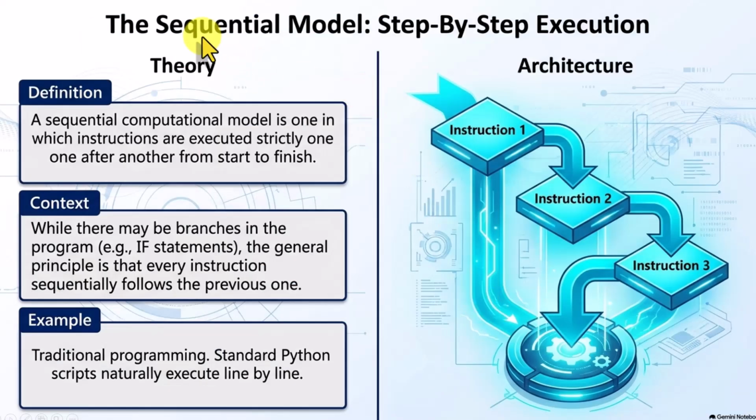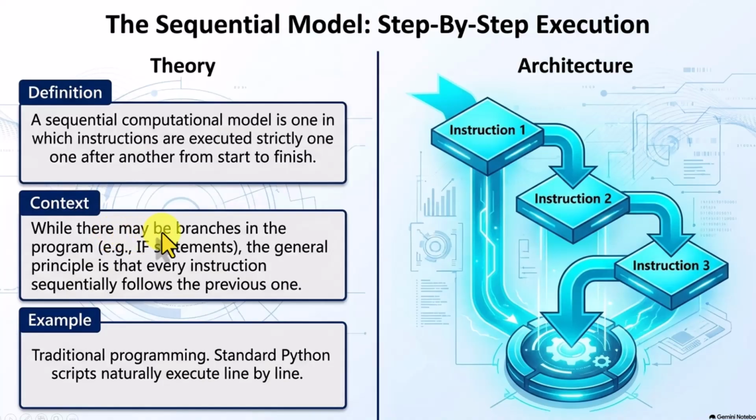The first one we'll be discussing is the sequential model, which is step-by-step execution. The first thing should be done, then after that the next thing, then after that the next thing, then we get to the result, things like that. So here we have the definition. A sequential computational model is one in which instructions are executed strictly one after another from start to finish.